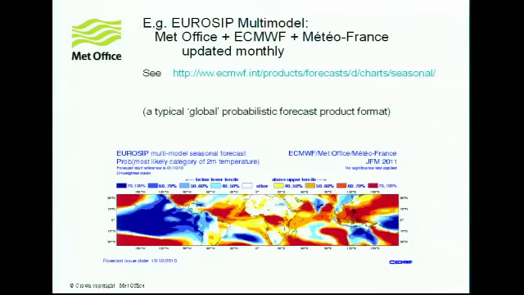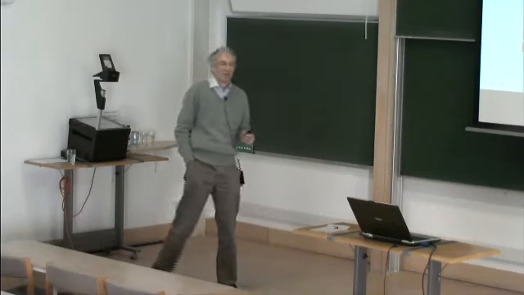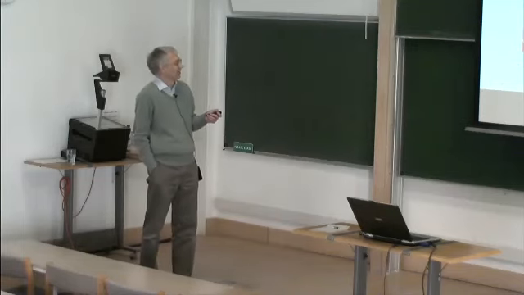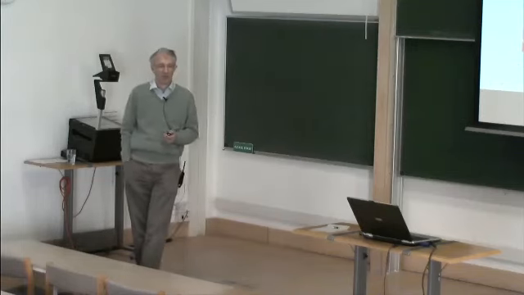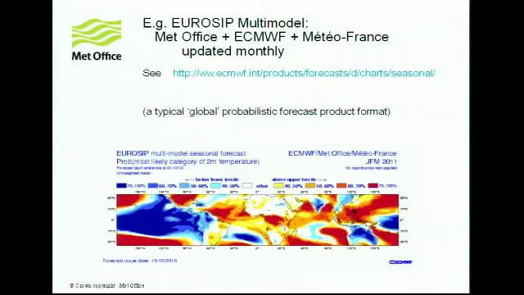And it's also a chance to describe a sort of typical product that comes out of this. The probability forecast. This one is the forecast for January, February, March for 2011. So it's a real live forecast. And this one is a sort of summary picture, which is commonly used, where you try and summarize the probability information in one diagram for the ease of presentation.